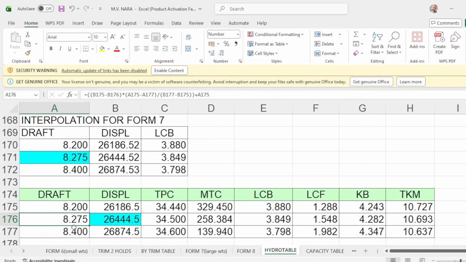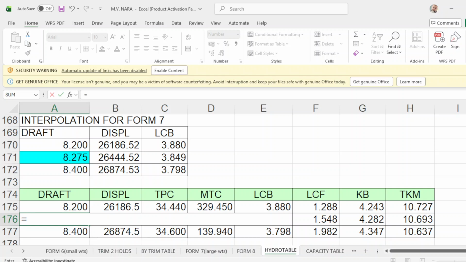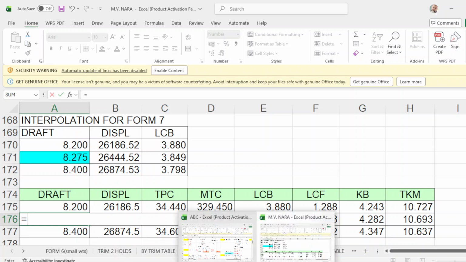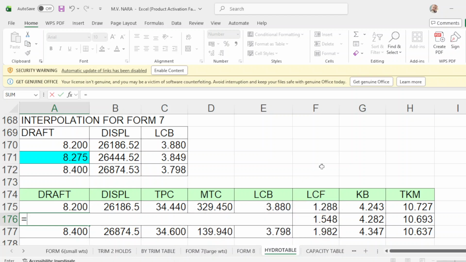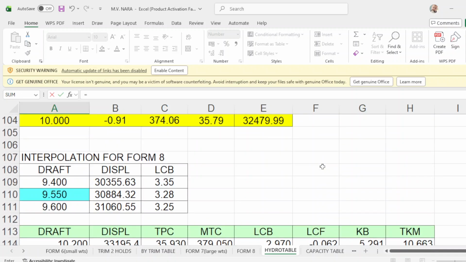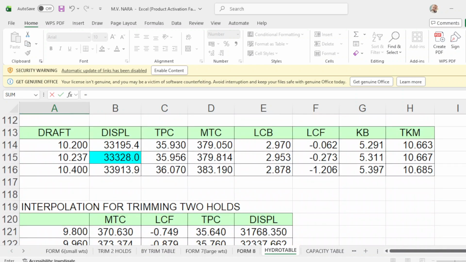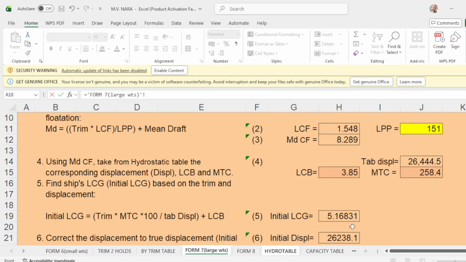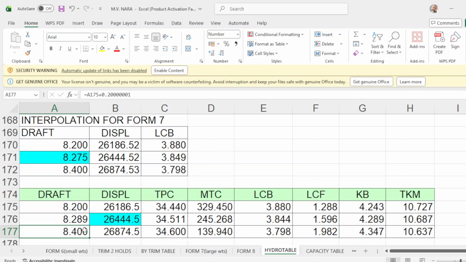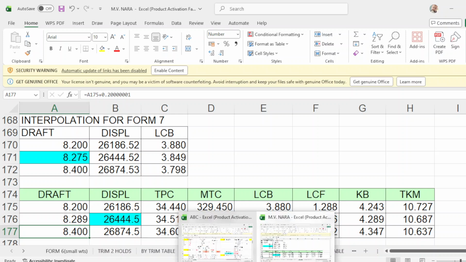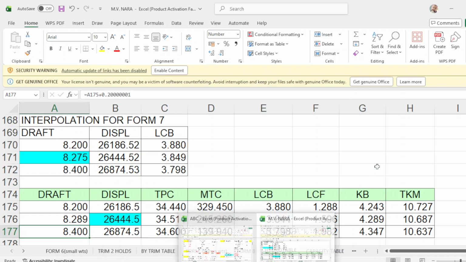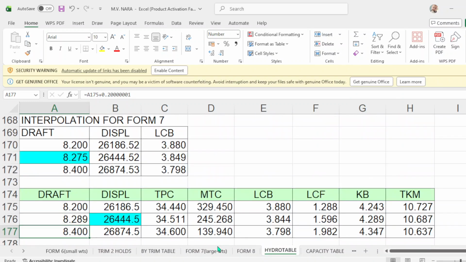Once, this one here, and here, and check for the displacement.